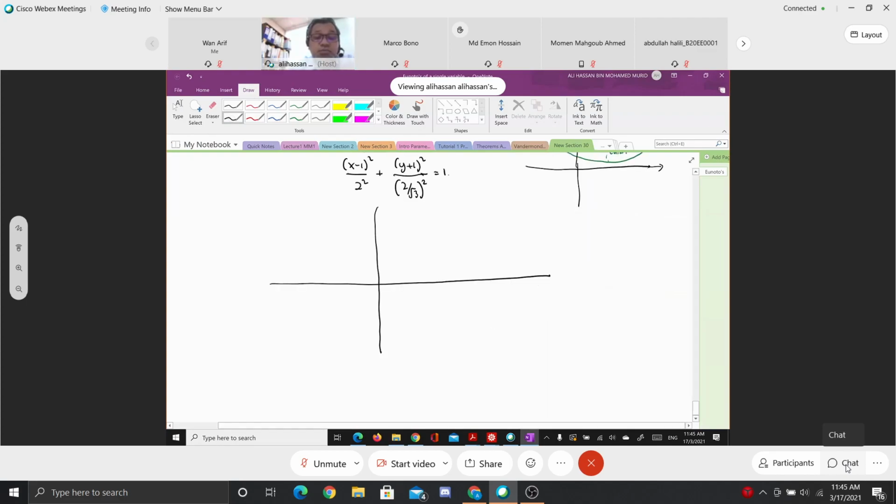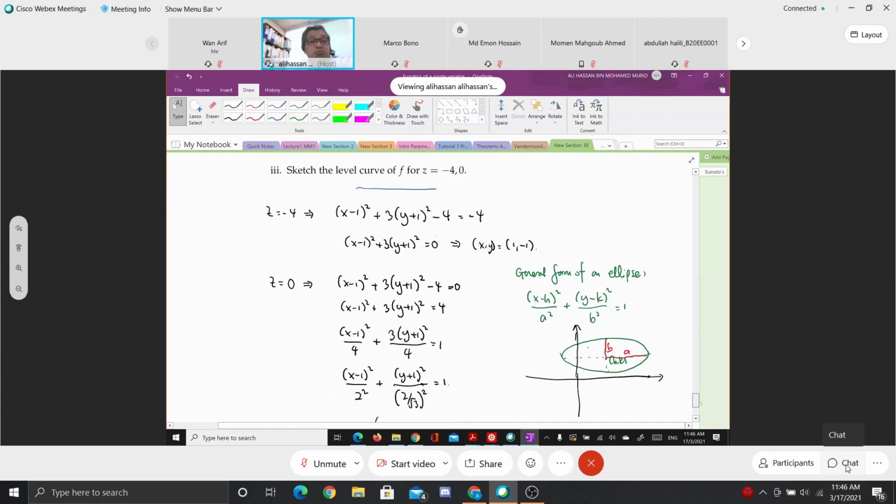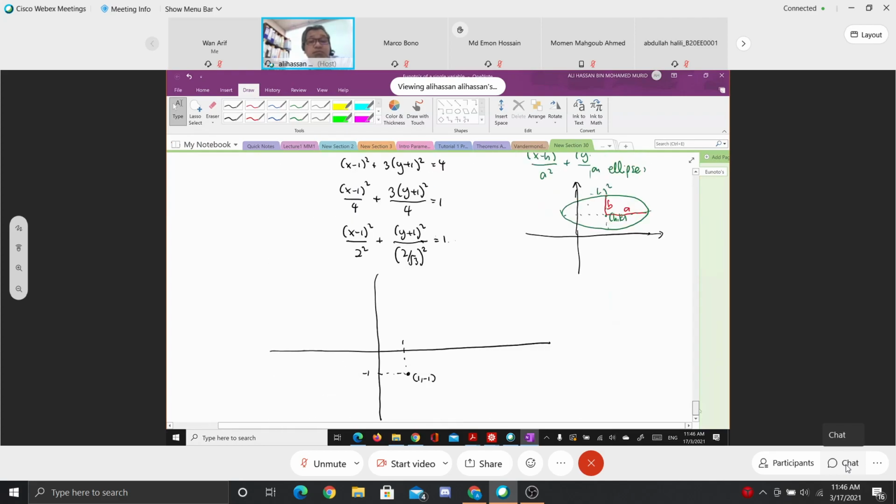Where is the center point? Let me plot the point (1, minus 1). So here is the point (1, minus 1). When z equal to minus 4, it is just a point, right?